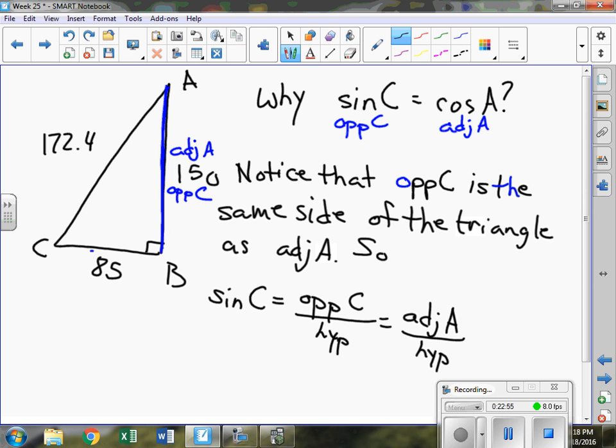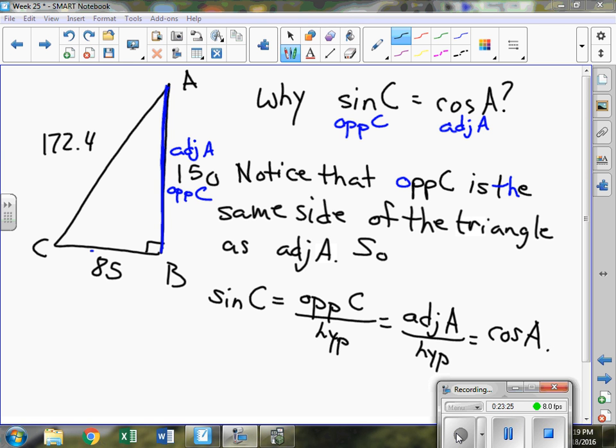But since adjacent of A over hypotenuse is cosine, we have our written explanation. And thus we're done. All we're doing is explaining why these things are the same. And it's because we're using two different names for the same side length. That's all the cofunction theorem is.